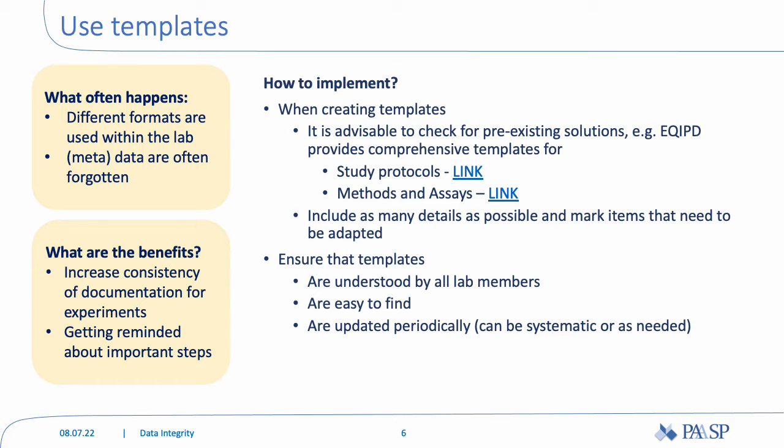When creating templates or modifying existing ones, it is important to include as much detail as possible, so you end up with a comprehensive template. From experience, it is always easier to delete items later if you don't think you will use them, rather than remembering them and adding them to the document.